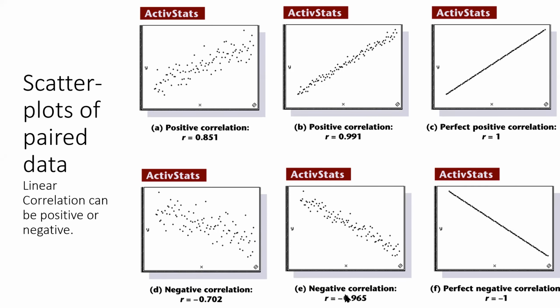And then the next one, negative 0.965. And the last one is negative 1. So observe that as the correlation coefficient approaches 1 or negative 1, the tighter the fit is, the better our data lines up.